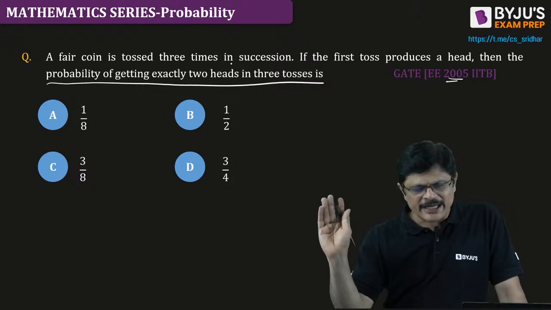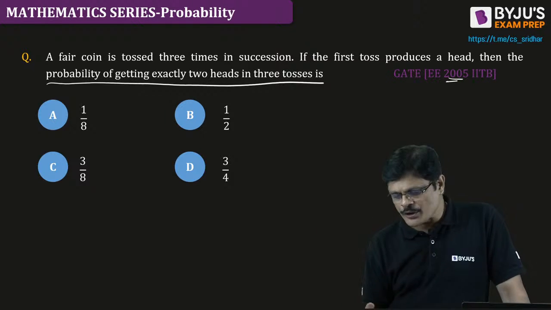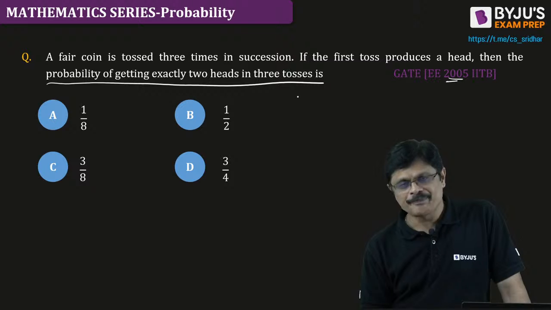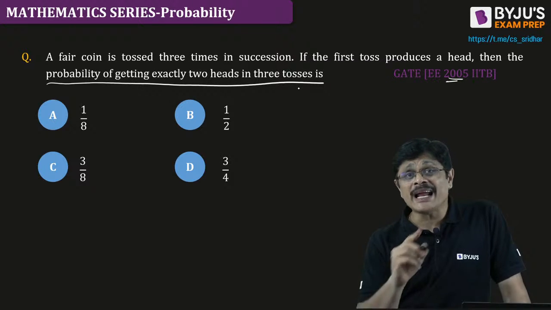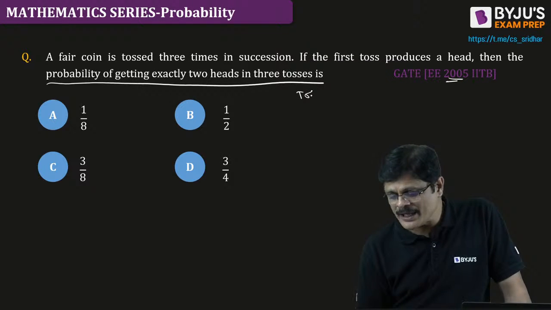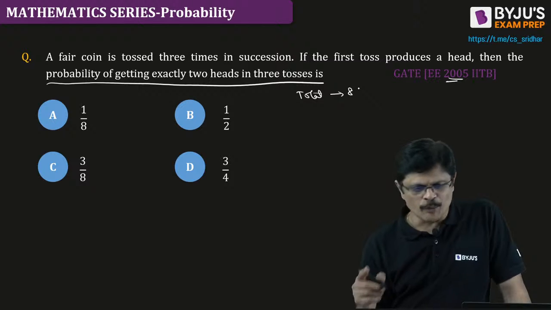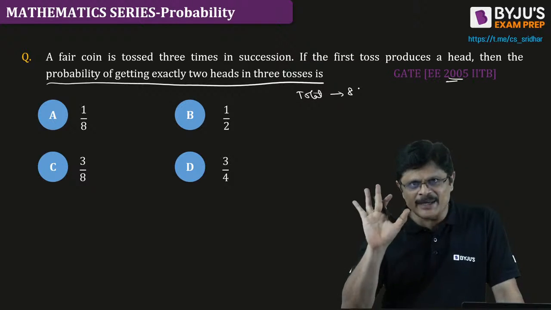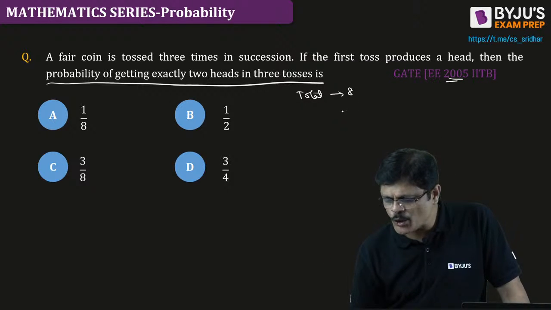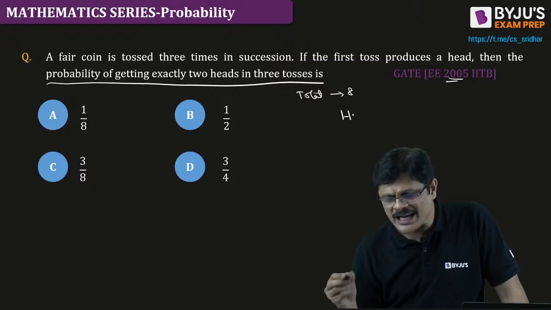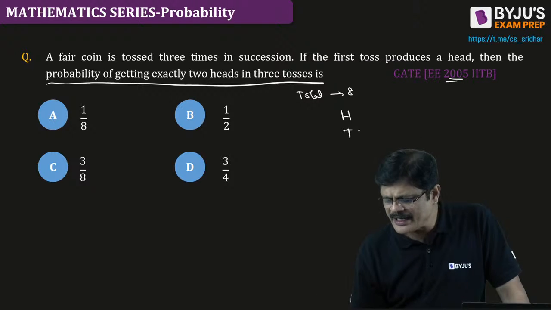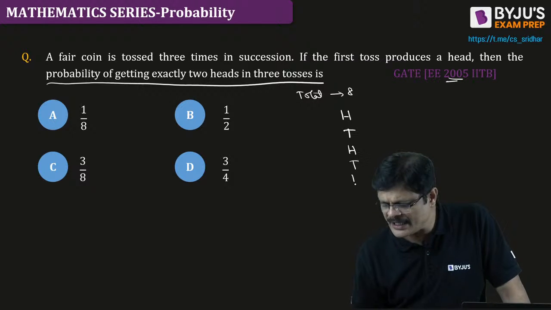So first let us forget about all this. Let me write the complete story. When you toss a coin 3 times, total 8 outcomes will be there. Most of the people are solving with this. If you want to list out all those, start from the last column, write head tail alternatively. Head tail, head tail, head tail, head tail.